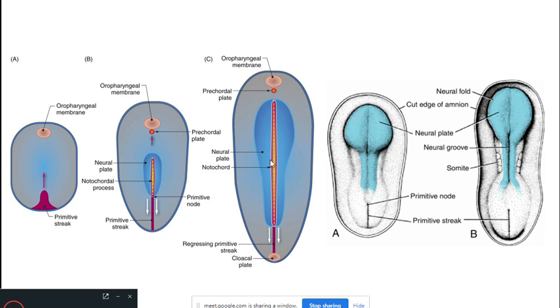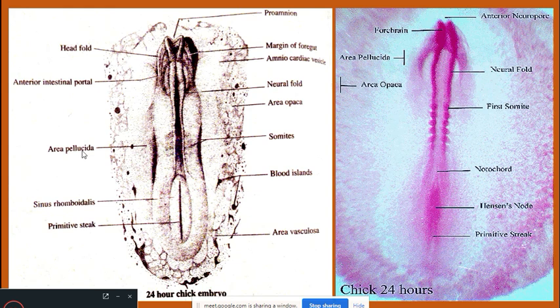Then the differentiation of the notochord, you can see the extension of notochord from the Hensen's node and it develops into a rod-like structure. Then we saw the formation of the head fold, the crescentic area and the foregut which is formed from the endoderm as a pocket.